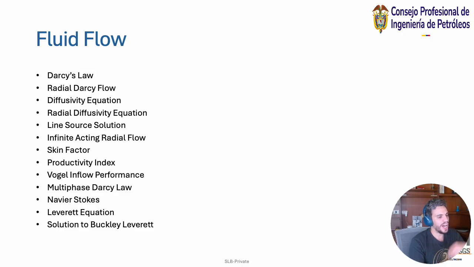And after that, we're going to add an element of reality to our equations with the skin factor, which will tell us more about how good our conditions are at the well level. So it will tell us more about the well integrity. And after that, we'll define the productivity index, which has multiple applications and is used across the entire life cycle of a well, especially in the secondary and tertiary phases when you're trying to improve the production.